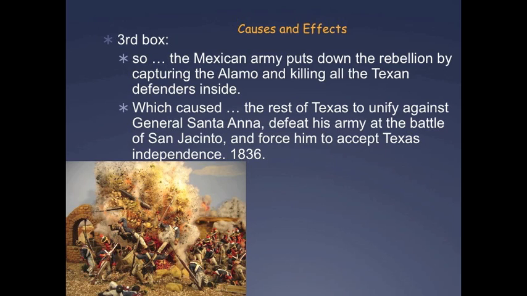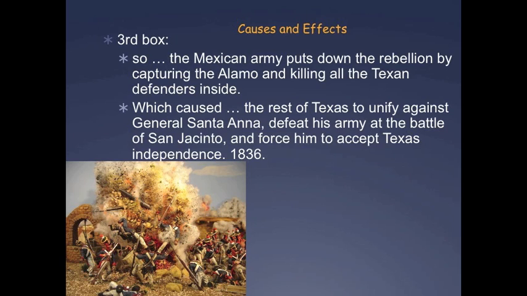Now, the Mexican army put down the initial rebellion at the Alamo by capturing the Alamo and killing all the Texan defenders inside, in a brutal show of force and a brutal show of authority. This causes, however, the Texans not to be afraid of the Mexicans, but to unify against General Santa Anna.